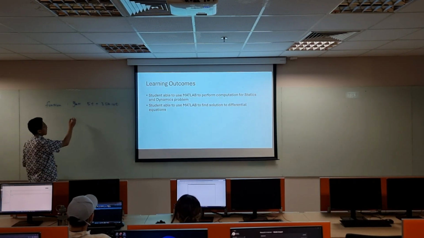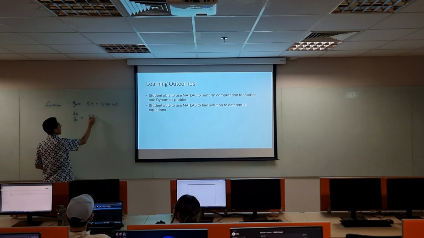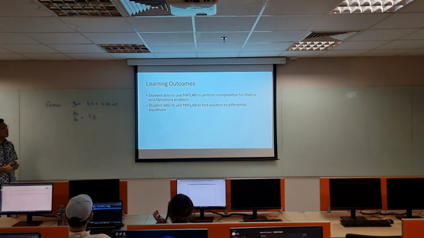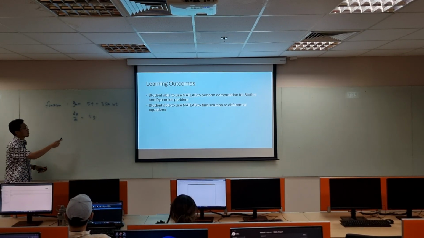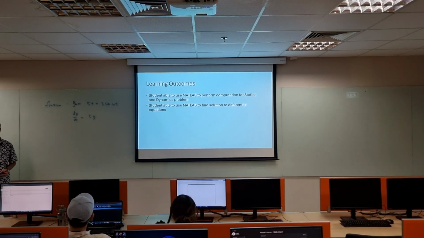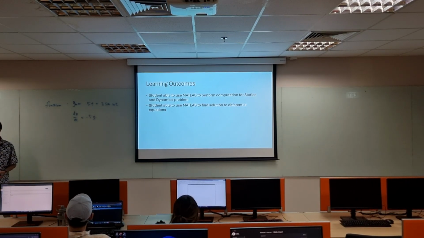However, when you have an equation like this, this is not a function as we see this function. This is the differential equation. How do we find the solution to this? Let's say minus 5.